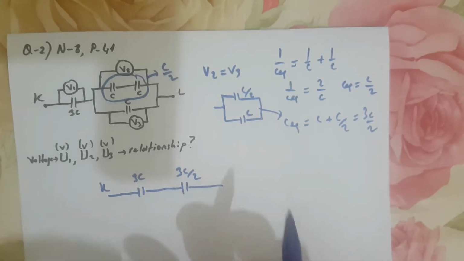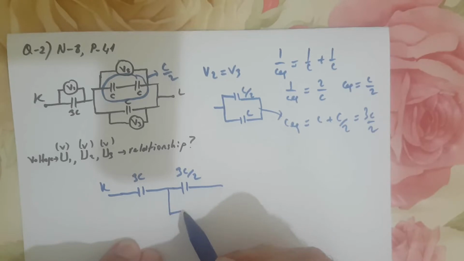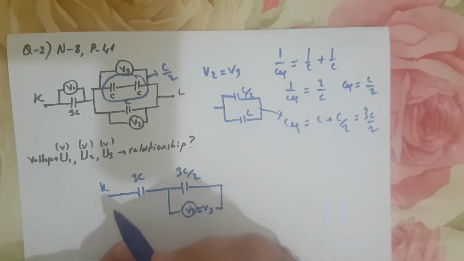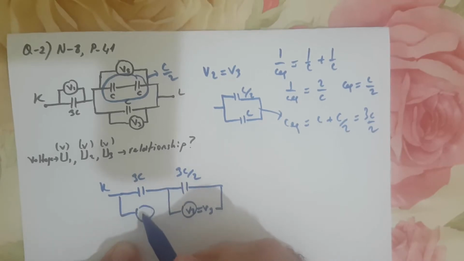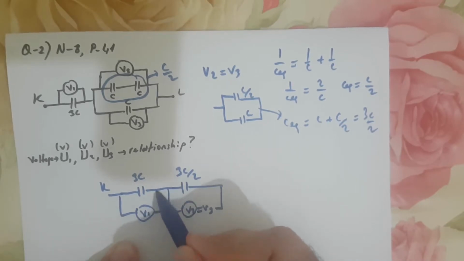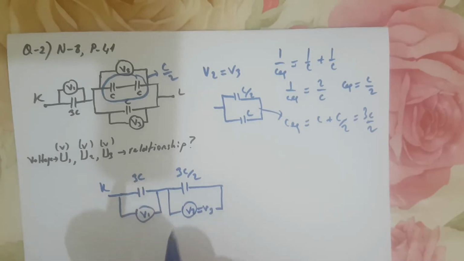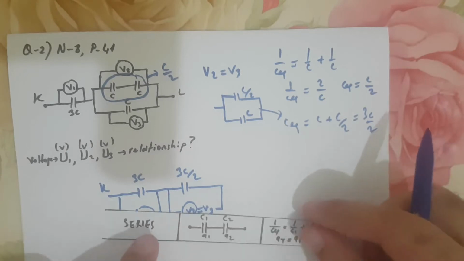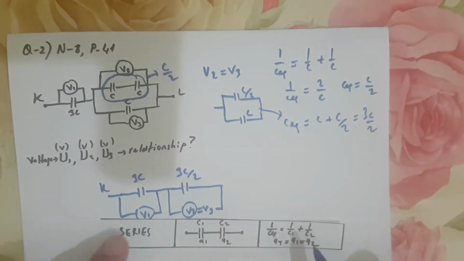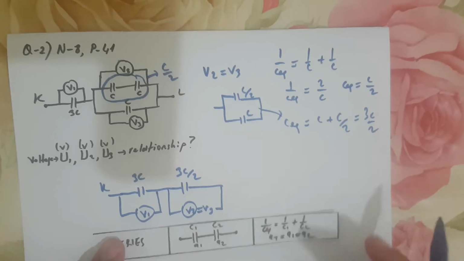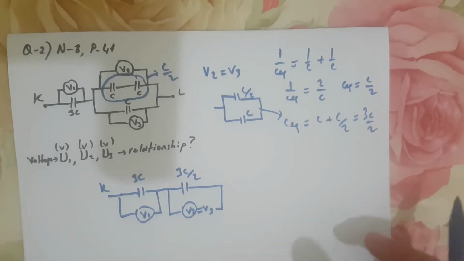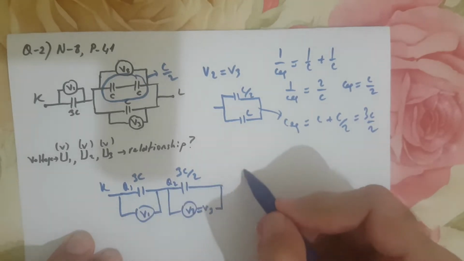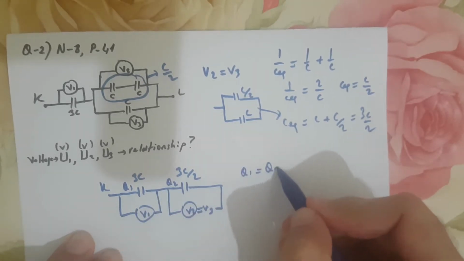Okay, what we have to know is that this one is V2 or V3, the same as each other, and here is V1. What we have to know about series combination is that Q1 is equal to Q2.